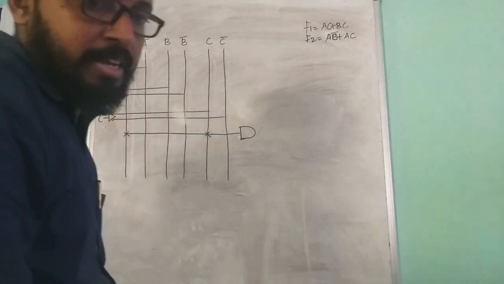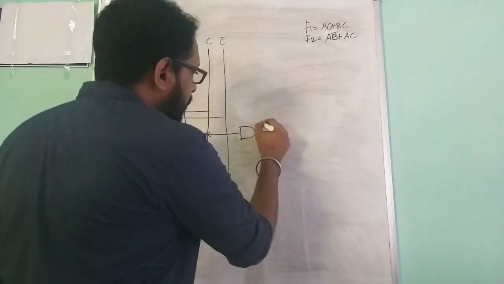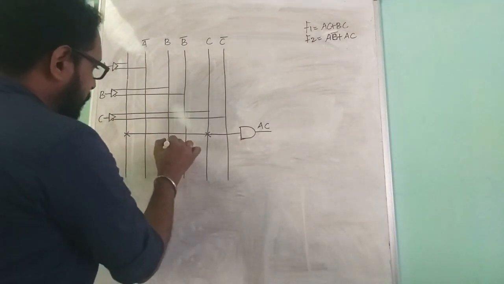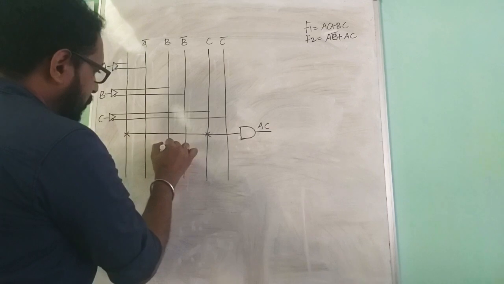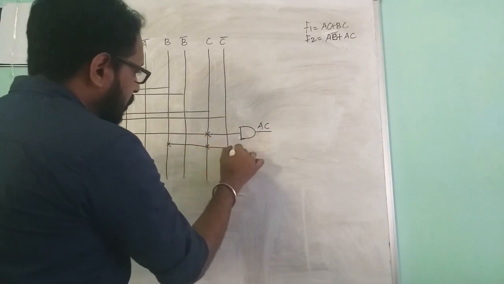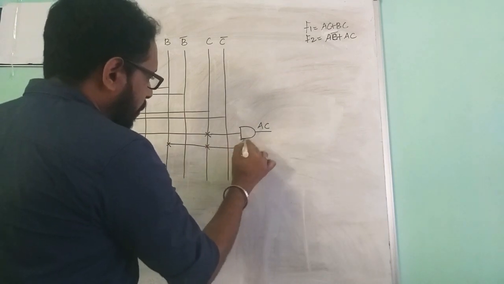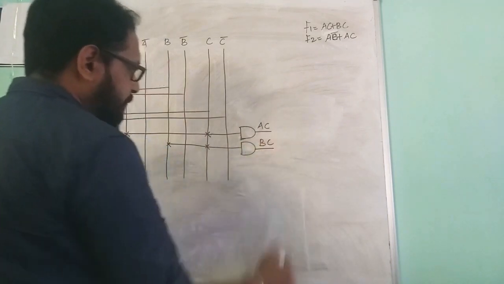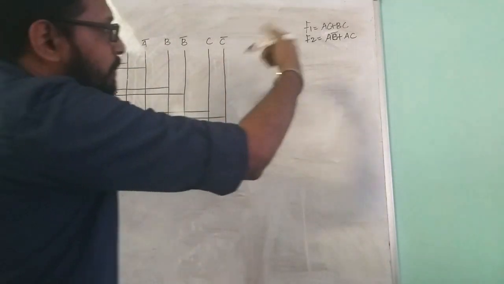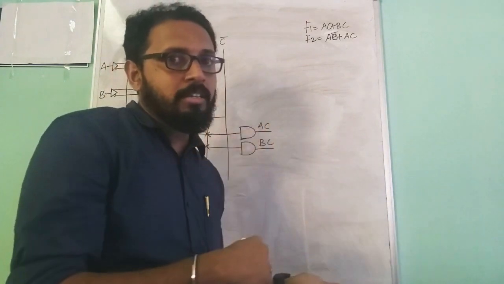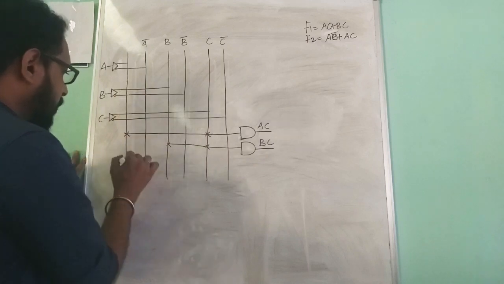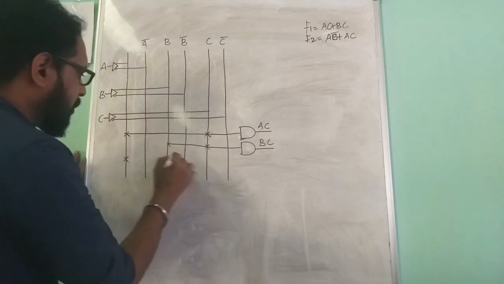If we form an AND gate, this is AC. Then we have BC. This is B, this is C, this is BC. Now, what were the terms? The product terms that we have already learned. We have AC, we have BC, we have A B bar, A and B bar.